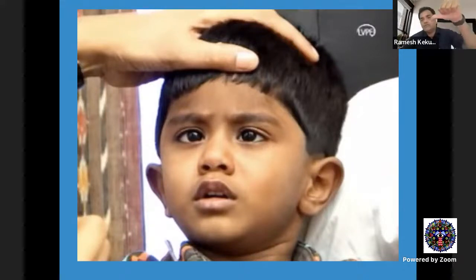Sometimes you even have to use your thumb to do a cover test. It's not possible to get everything, like cover test, uncover test, prism cover test, alternate cover test, ocular motility, ductions and versions. That's the ideal, but it's not possible in these kinds of children. Most kids do cooperate, but some kind of toys are always handy.